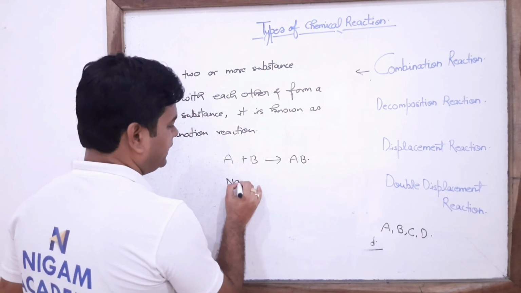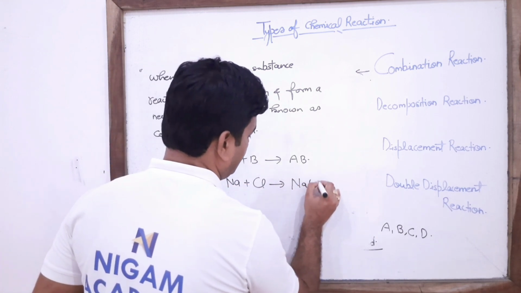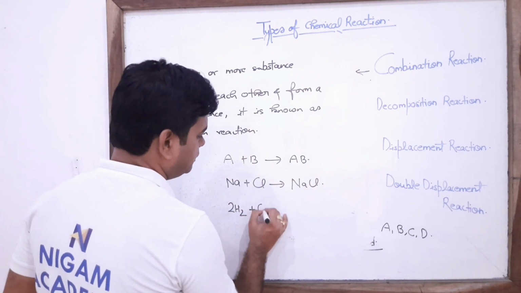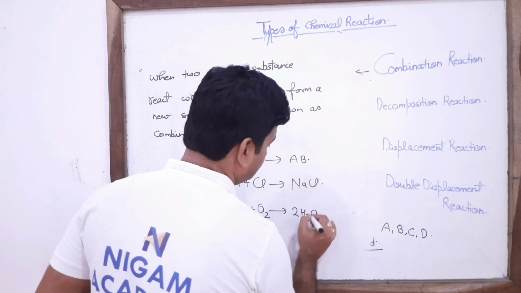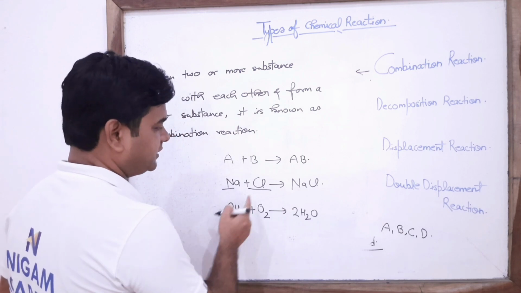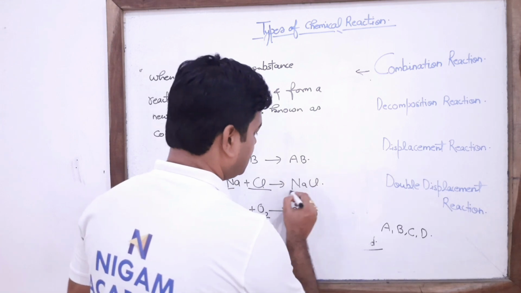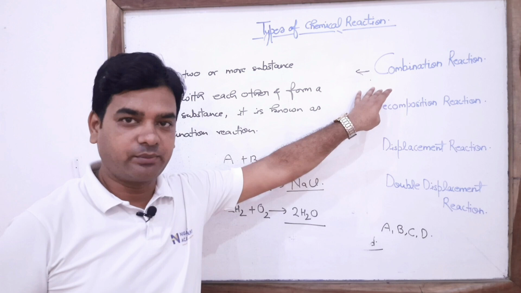Like Na plus Cl will give you NaCl, or H2 plus O2 will give you H2O. Na is element, Cl is element, H2 is element, O2 is element, but what you are getting? A compound. So this is a combination reaction.